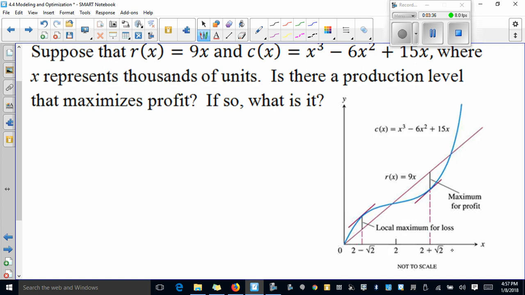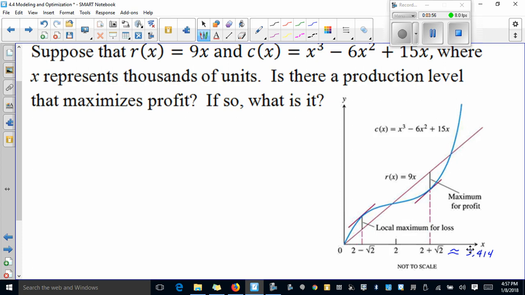Okay, cool. We can look at the picture and we can give the answer. But what I want to do is go through the math to give you guys a heads up on what you're doing with the math. So, is there a production level that maximizes profit? Okay. So we need our marginal profit.